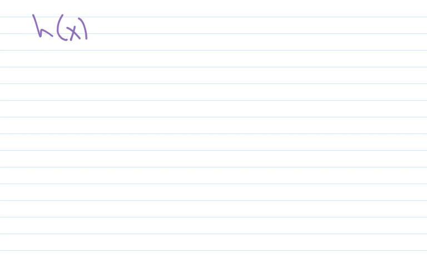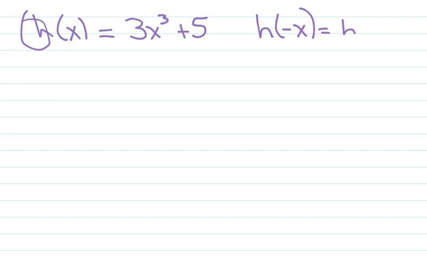This just means we're using a different function, like order of functions, so don't worry about that. h of x equals 3x cubed plus 5. Now, if this is an even function, then h of negative x equals h of x. And if it's an odd function, then h of negative x equals negative h of x.